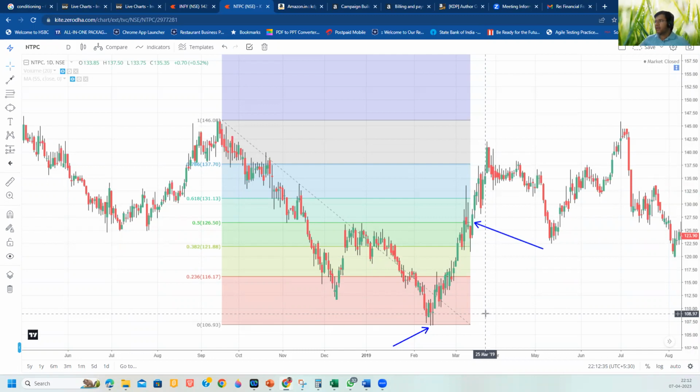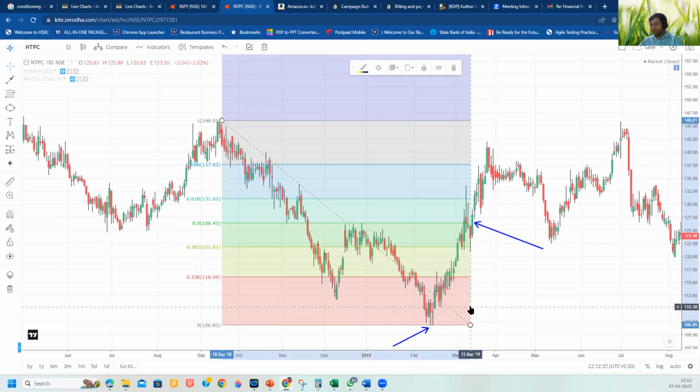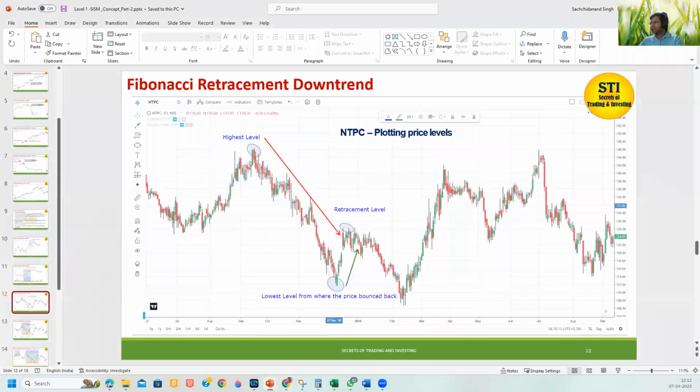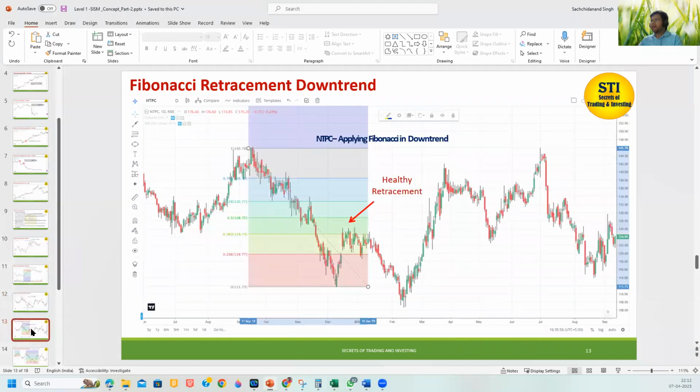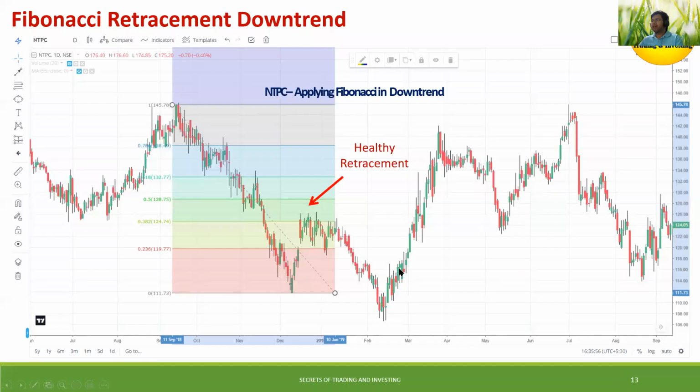Okay, no worries. Let us see if there is any more example. Yeah, so this is the same example I was talking about, that I have already explained to you: if there is any retracement happening which is less than 50%, then it will be treated as a healthy or normal retracement.